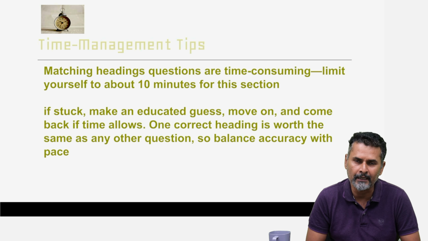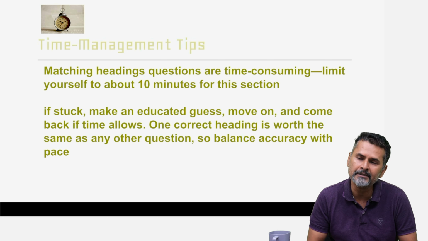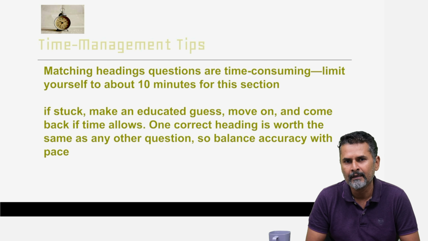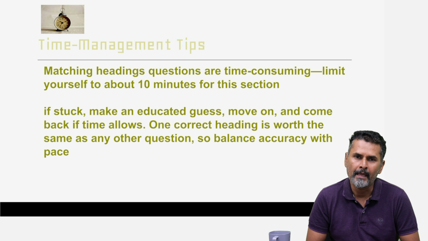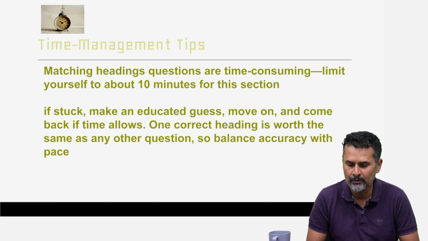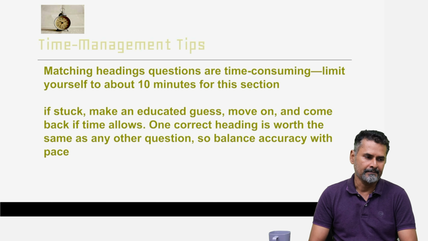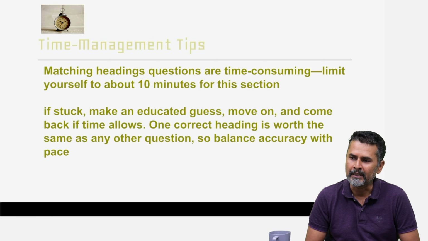If you're stuck, make an educated guess, that is based on whatever information you can glean or extract out of the paragraph. Make a guess and then move on. And if you have any spare time at the end, come back and try to figure out the answer. So you've got to balance accuracy with speed.